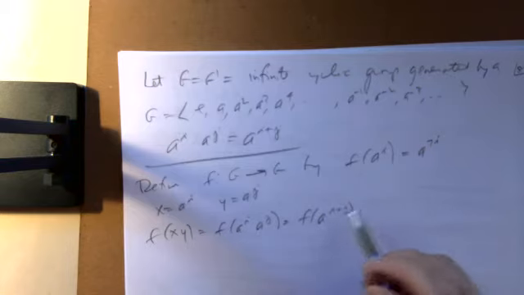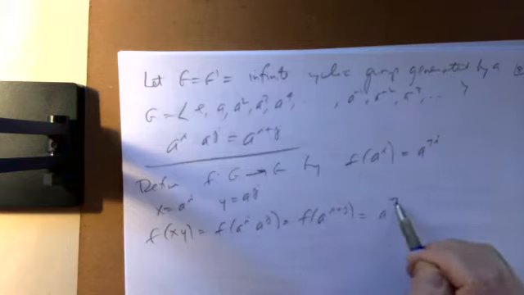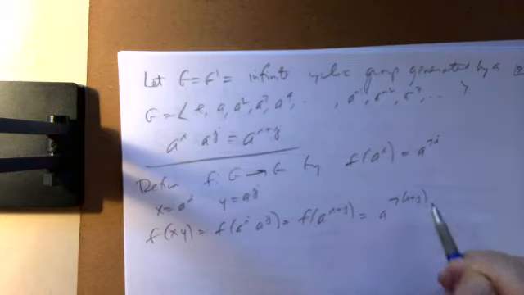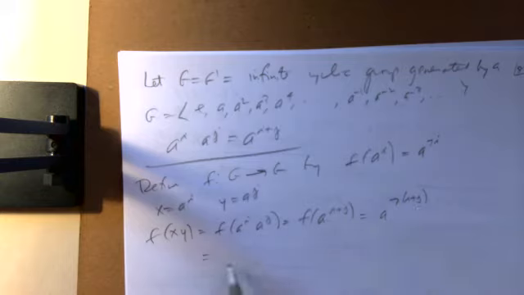And f of a raised to a power is a raised to 7 times that power. But of course, 7 times I plus j is 7i plus 7j, which is a to the 7i times a to the 7j.